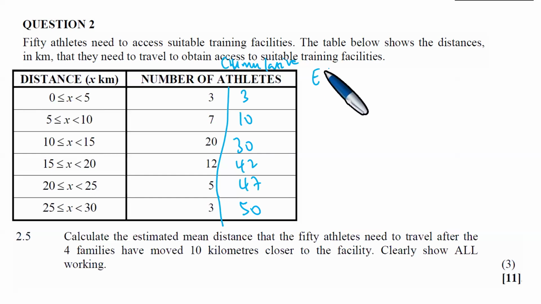So the estimated mean. Now we're going to do the middle. If you say 0 plus 5, you divide by 2, you have 2.5, the middle. And here you divide 5 plus 10.